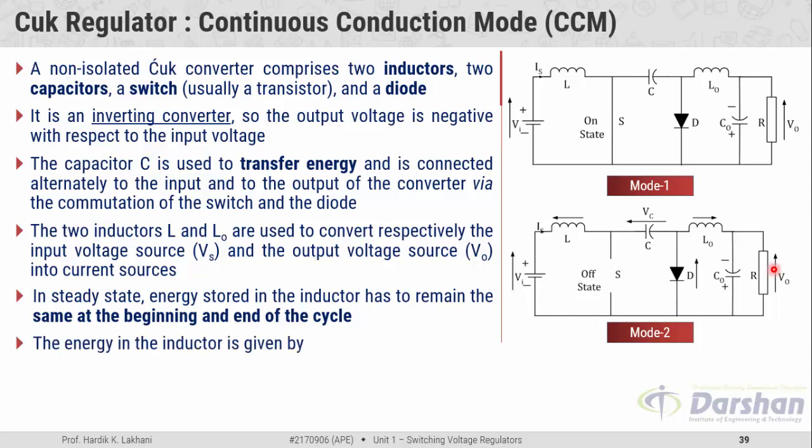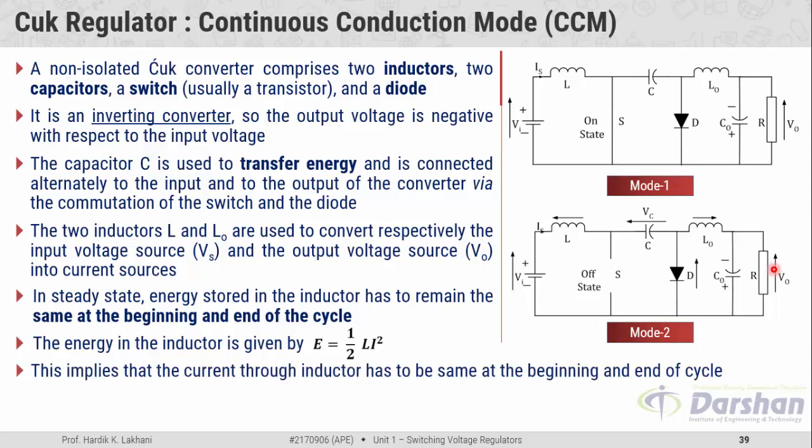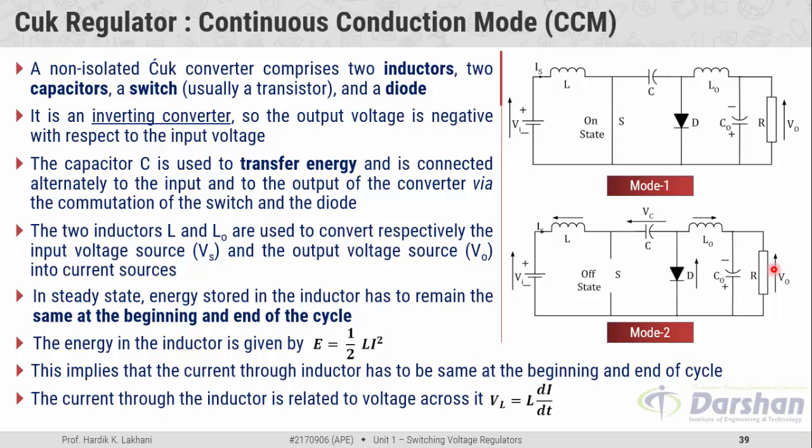Generally, we represent the energy stored in the inductor by the expression E equals 1/2 L i squared. The steady state implies that the current through the inductor has to be the same at the beginning and end of the cycle. The current through the inductor is related to the voltage across it in the form L di/dt.